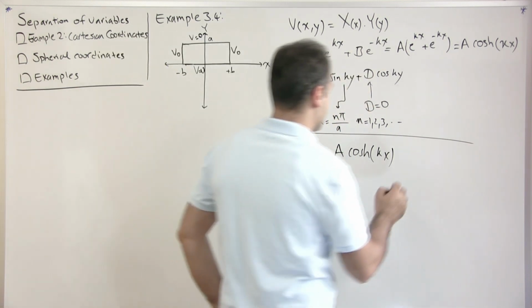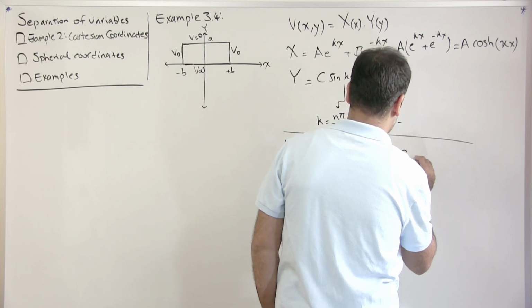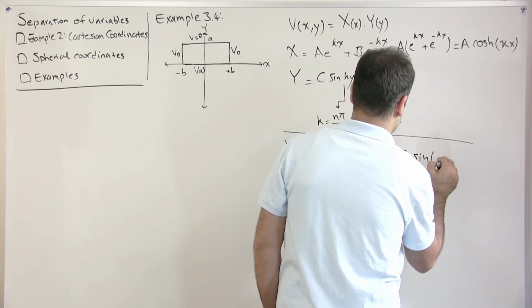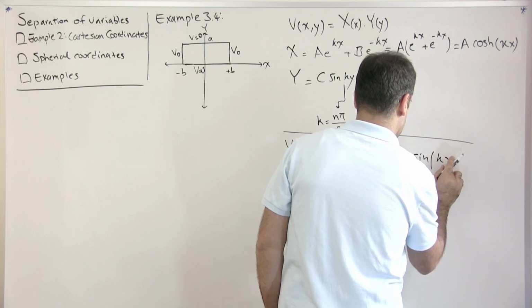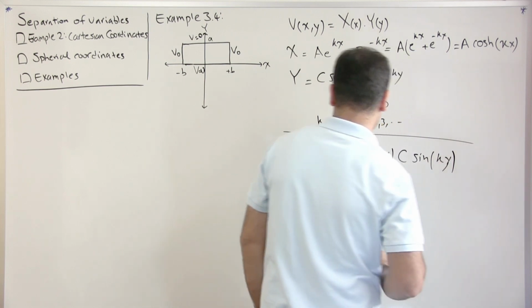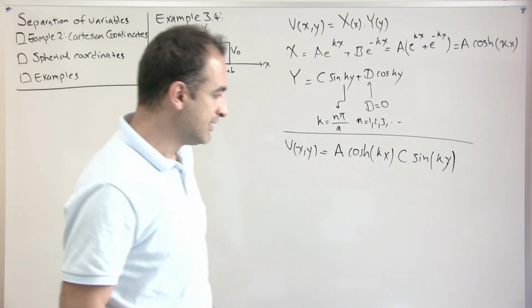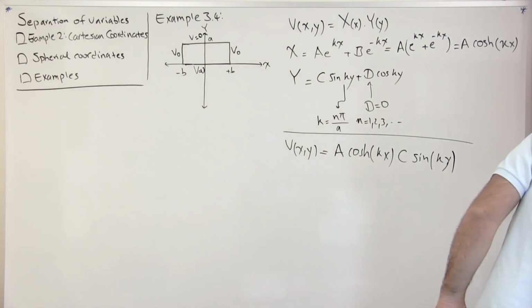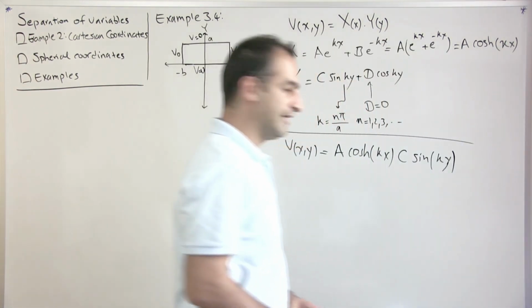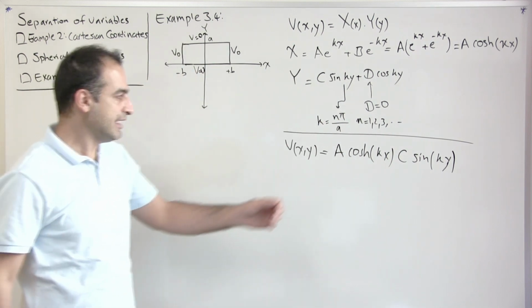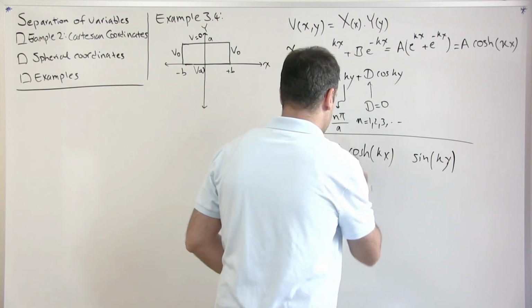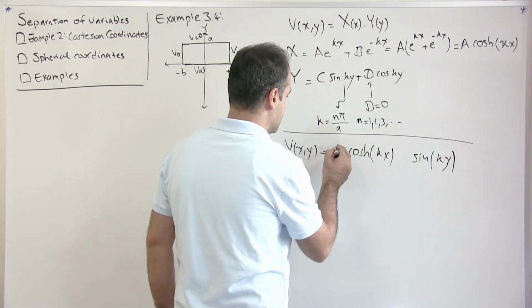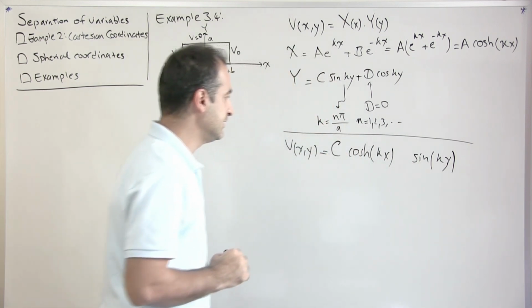I only have c sine ky. Now if you look at this, we have two constants here, one is a, one is c. So it's okay to combine them into one constant, a c here.